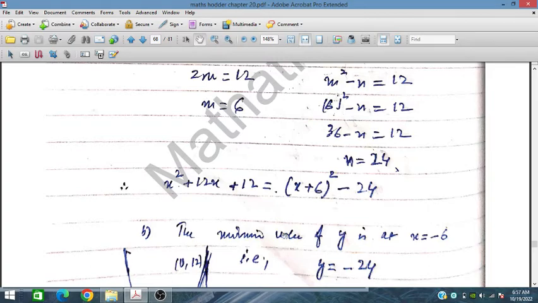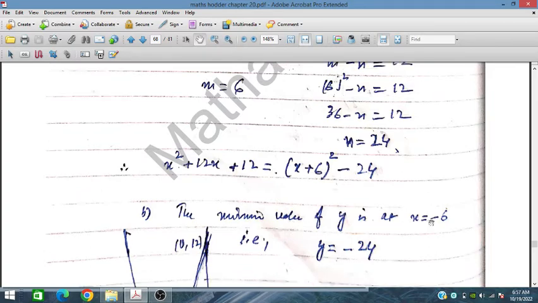Now we can say that the minimum value of y is at x equal to minus 6. When x is equal to minus 6, this term becomes 0, because this term will always be positive. Otherwise, this value will always be greater than 0, except at x equal to minus 6 where the value will be 0.